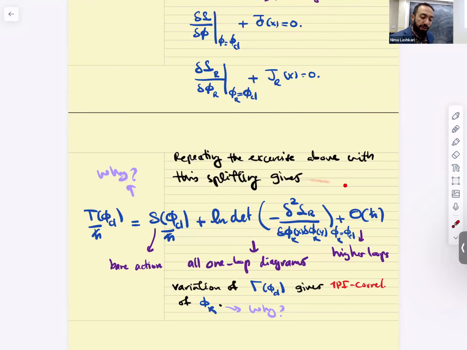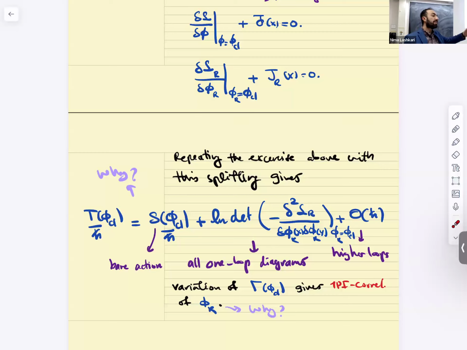Now, from this, you could argue, after a few steps that I leave to you guys, that this guy is the generating functional for 1PI correlation functions. If you recall, the way we argued for that was we found, in the case of, for example, the 3-point function, that the third derivative of the effective action sitting next to 3 2-point propagators was giving you the 3-point function.